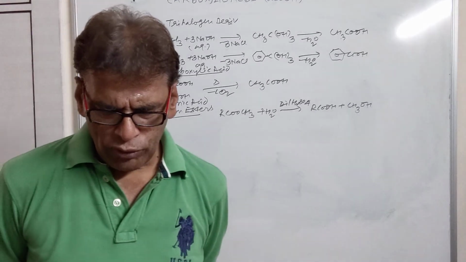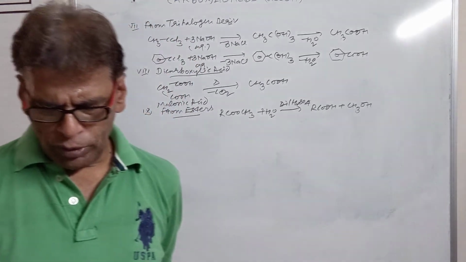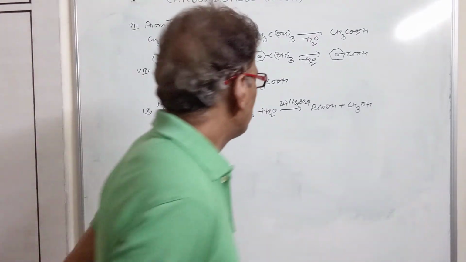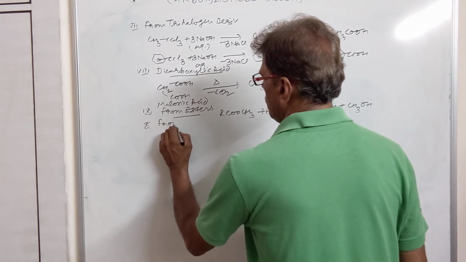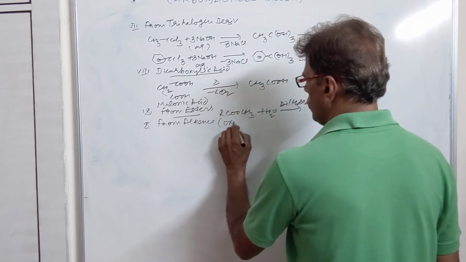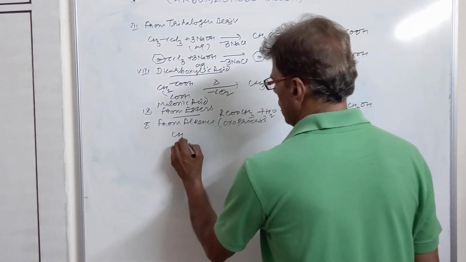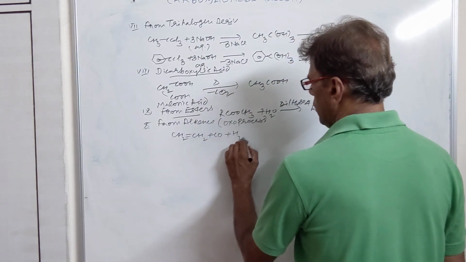Then we have oxidation of methyl ketones, and they can also produce carboxylic acids, and then we get from alkenes. Name of this process is the oxo process. Here alkene is treated with carbon monoxide and water.